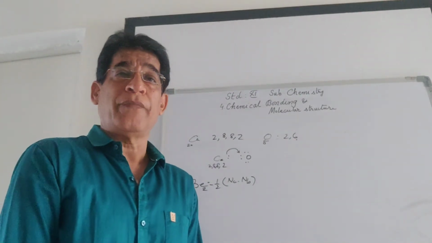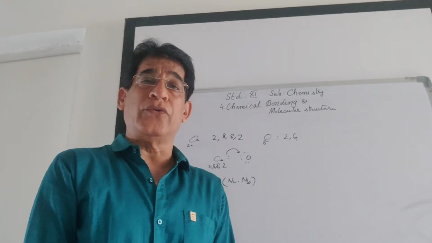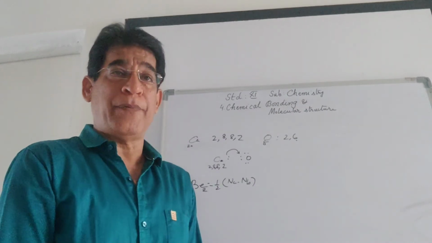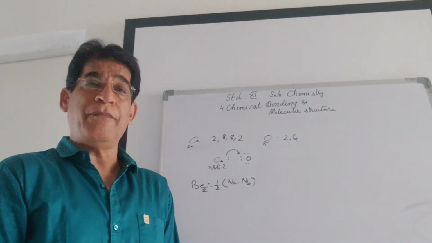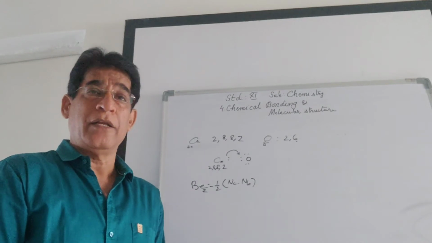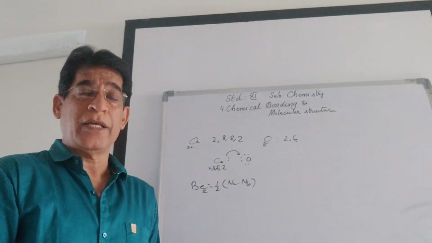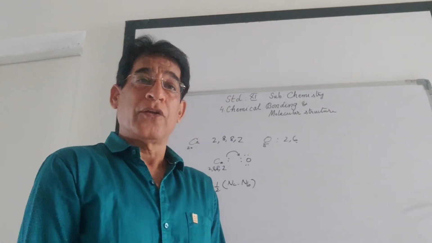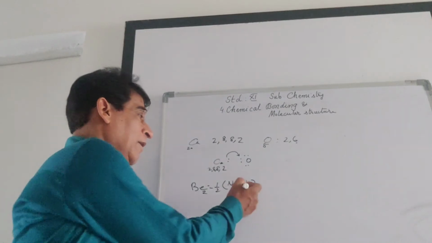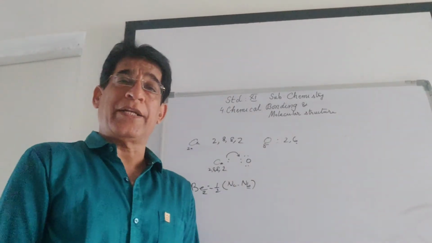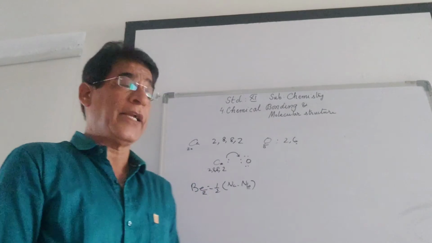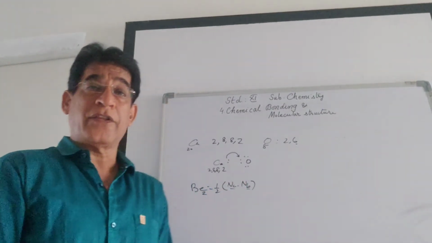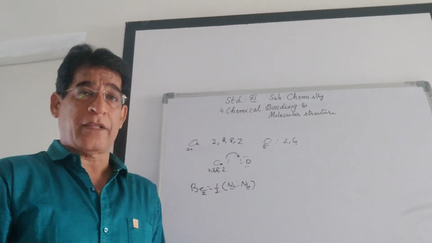1s2 and 2s2, and the bond order for Be2 is 1/2 (Nb minus Na), where Nb means number of electrons in bonding orbitals and Na means number of electrons in anti-bonding orbitals.